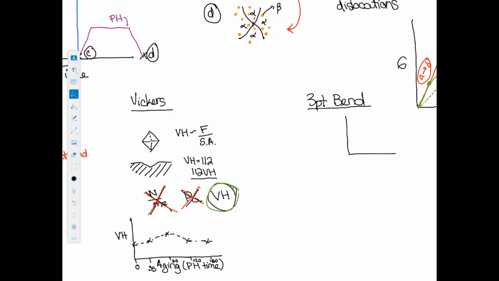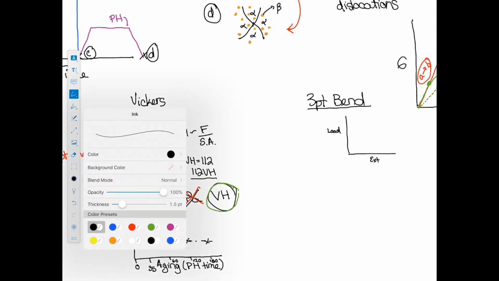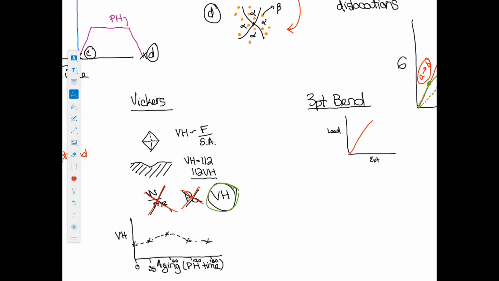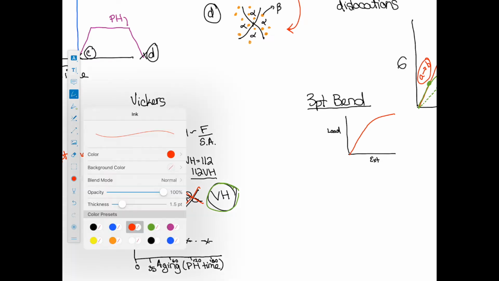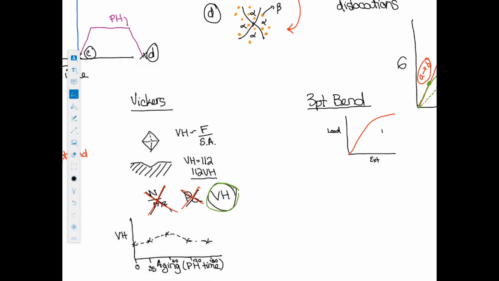If you recall, when we collected load displacement data in Lab 1, we had a curve that looked something like this for a given aluminum material. So this was for a tensile test.